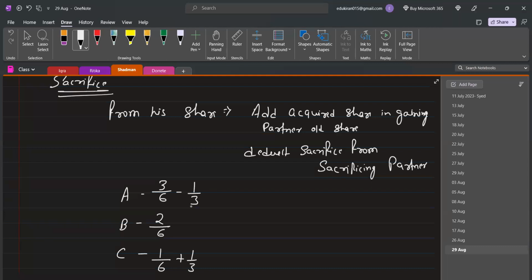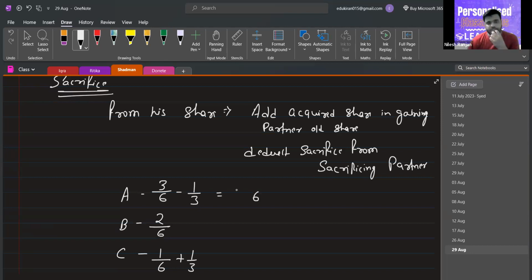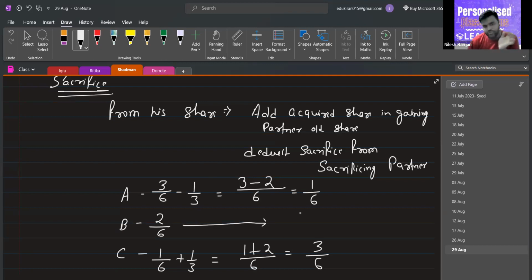So it will be 3/6 minus 2/6, which is 1/6 A's share, and 1/6 plus 2/6, which is 3/6 C's share, and B has no change, so 2/6.